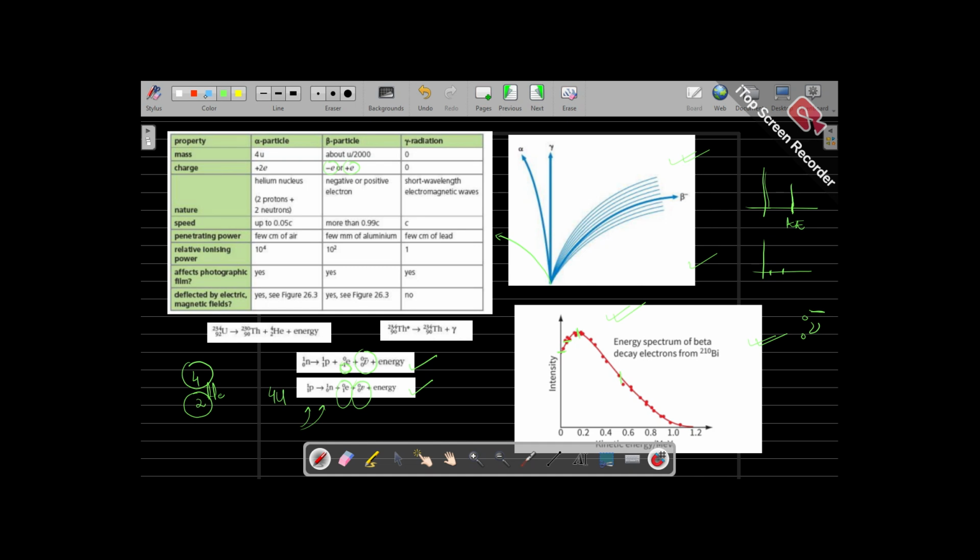For the time being, it should be enough for us to know whenever a nucleus emits a radiation, be it a particle radiation or a massless radiation, right? It's because the nucleus is unstable. Now, how come the nucleus becomes unstable? Within the nucleus, we know that there are number of protons and number of neutrons, right?